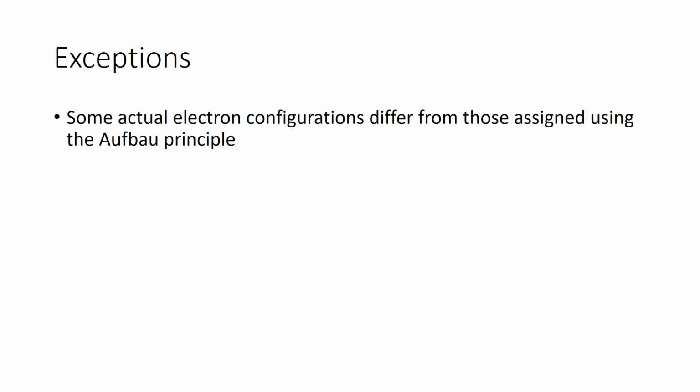We're actually going to steal an electron from the 5s and put it in there. So instead it would be 5s1 4D5 instead of 5s2 4D4.